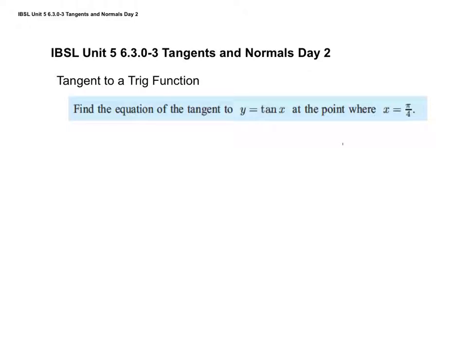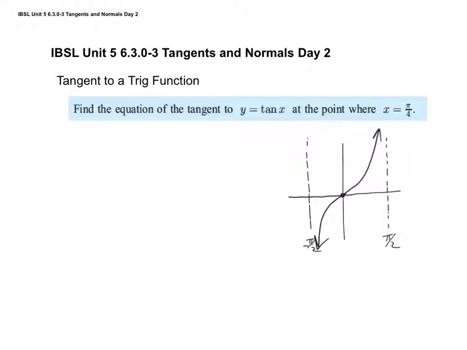Alright, now if you remember, your tangent graph has asymptotes at negative pi over 2 and pi over 2. It goes through the origin and it looks something like this. Of course it's periodic like all the trig functions are, so this repeats infinitely in both directions.